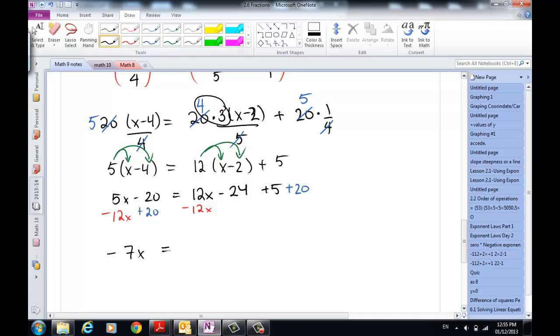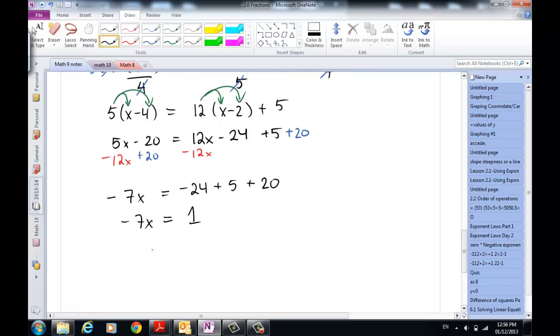So really what I have now on my right-hand side is negative 24 plus 5 plus 20. And negative 24 plus 20 is negative 4. And then negative 4 plus 5 should leave us with 1. So I've got negative 7x is equal to 1.